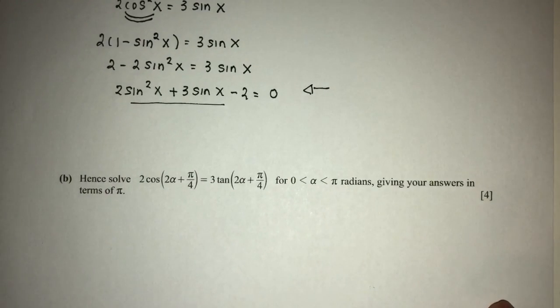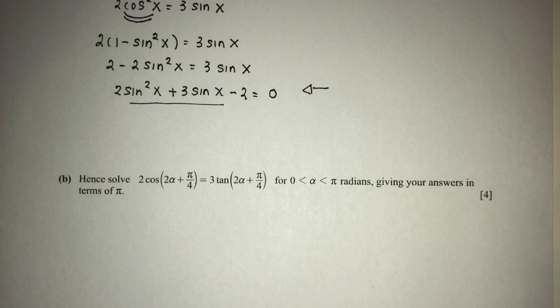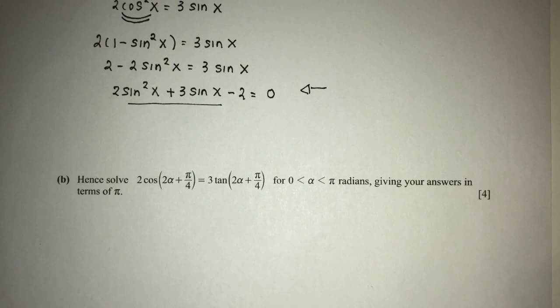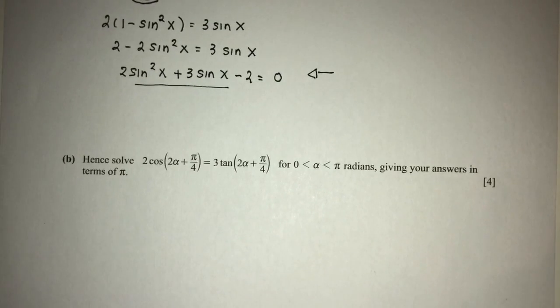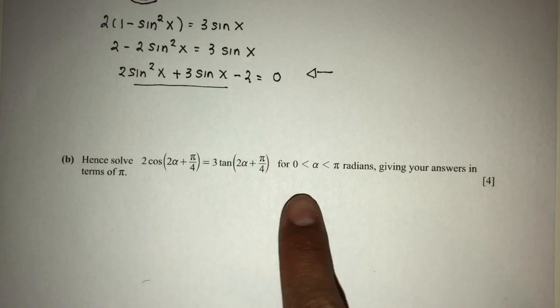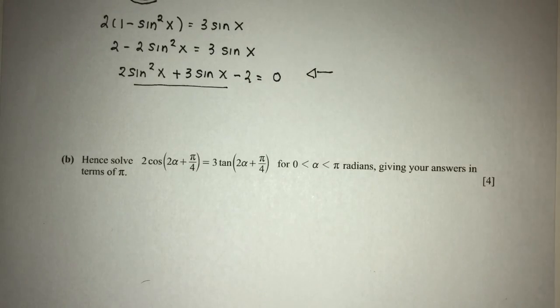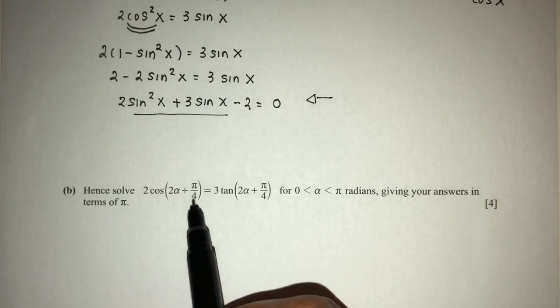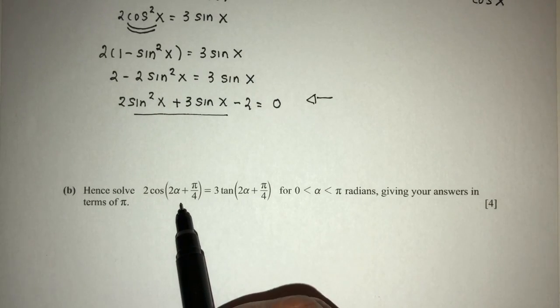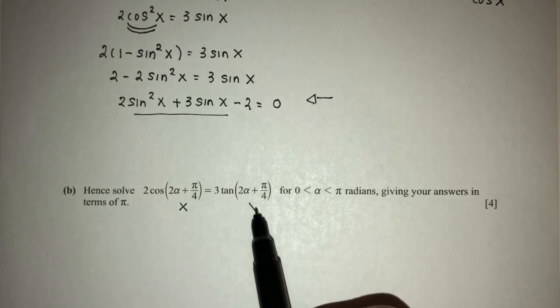Now, part B, hence, okay, as you can see, we see hence. Hence means we have to use the previous answer to answer this question. So we have to solve this for 0 to pi radians, giving answers in terms of pi. So pretty easy. The only difference between the first part and this part is the angle here is much more complex. So let's just assume this is x, this is x.